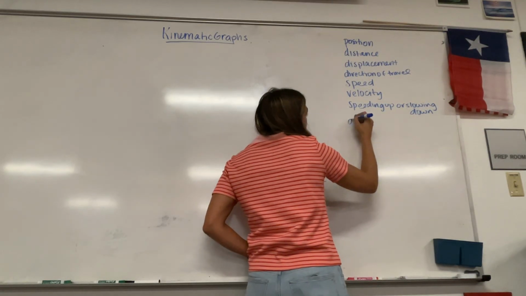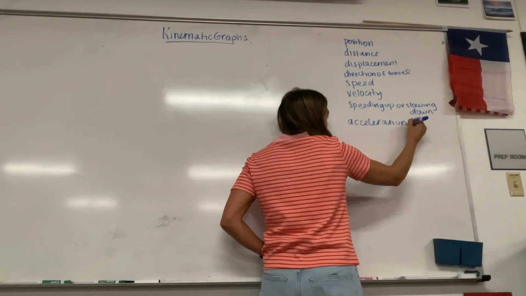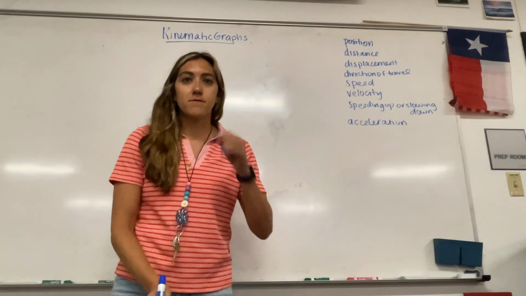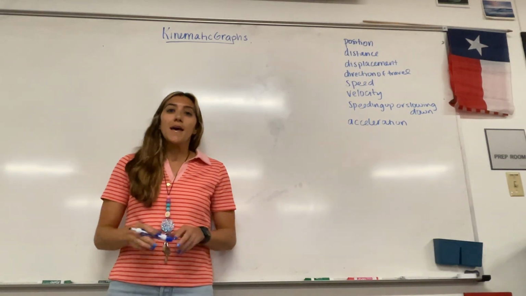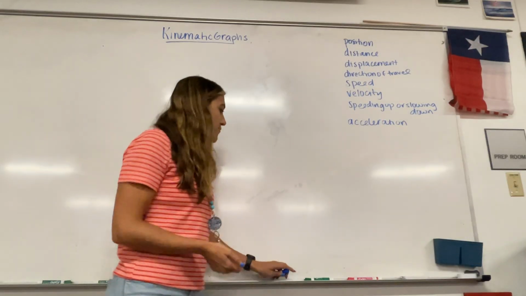We could find acceleration. Those are the main things we're going to be looking for. Okay, so keep those in mind and notice which of those we can find with each type of graph.